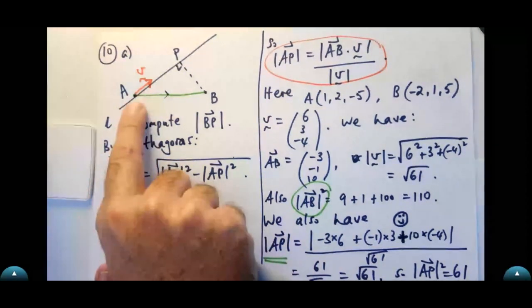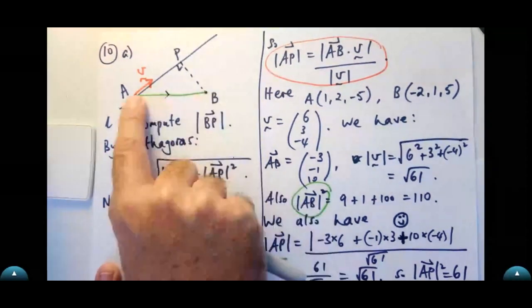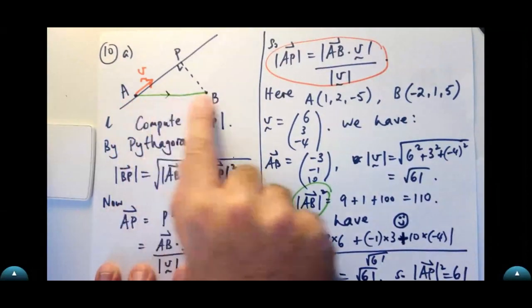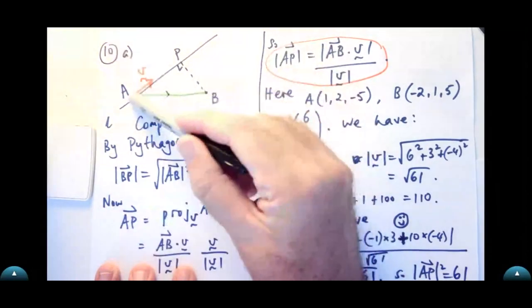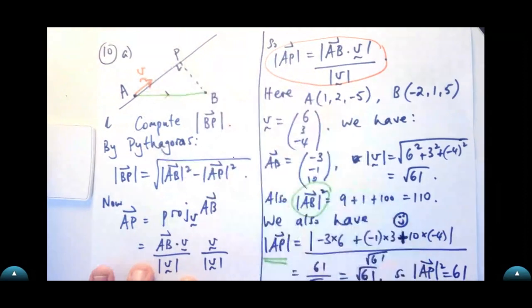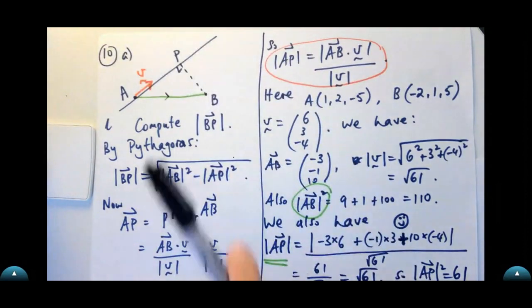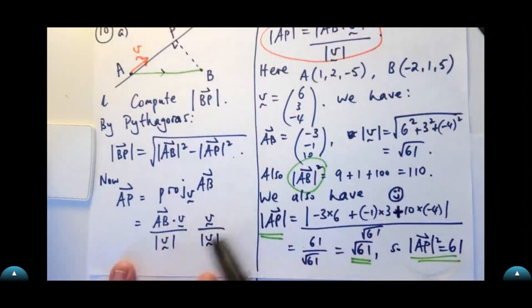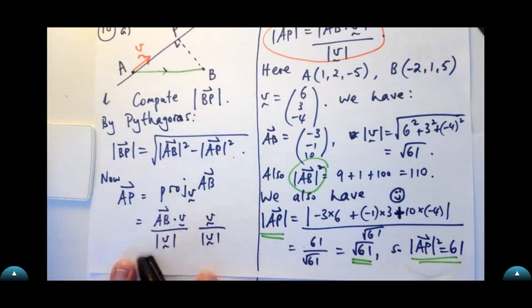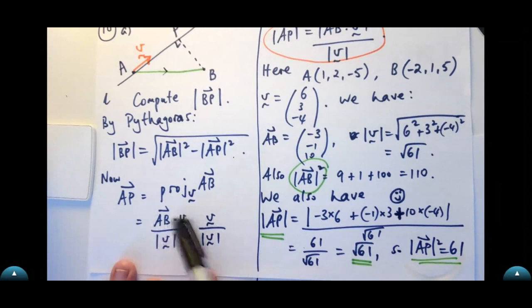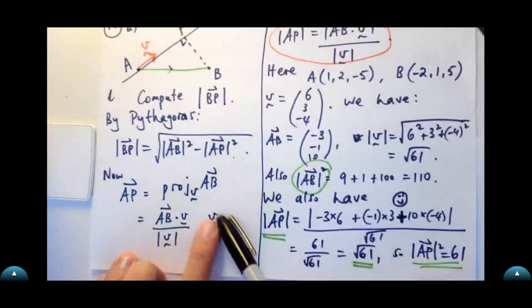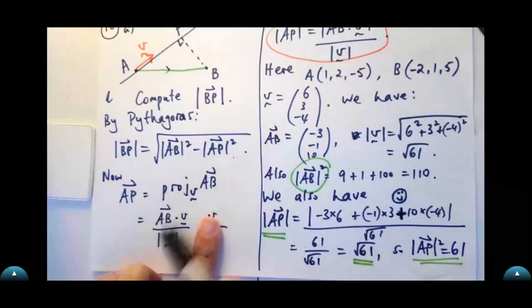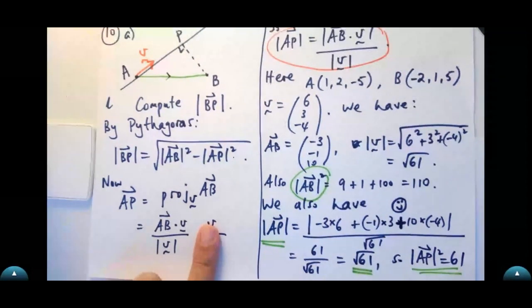So the vector projection of this vector on this vector is the vector from A to P. Once you know the vector, you can calculate its length. If you take the length of the unit vector, that's 1, and you're just left with the absolute value of that.